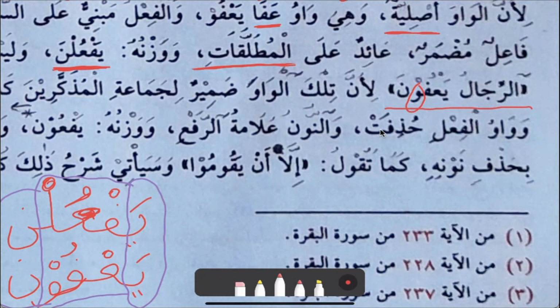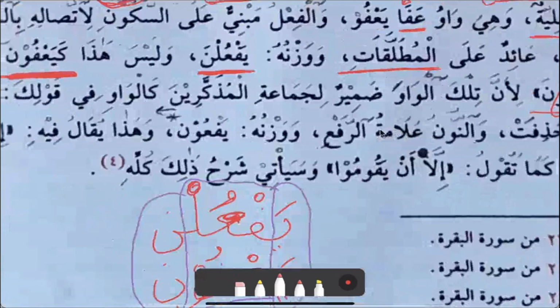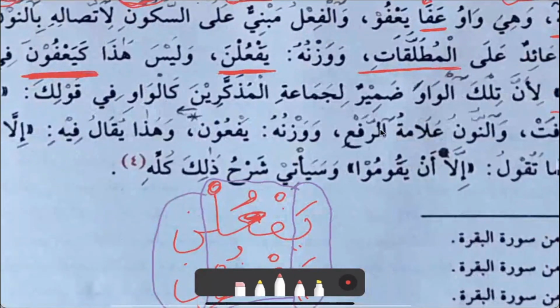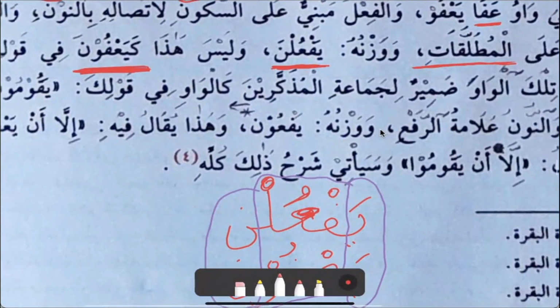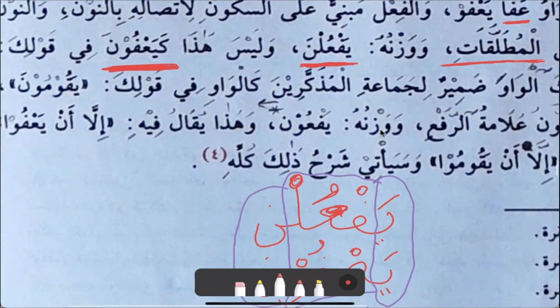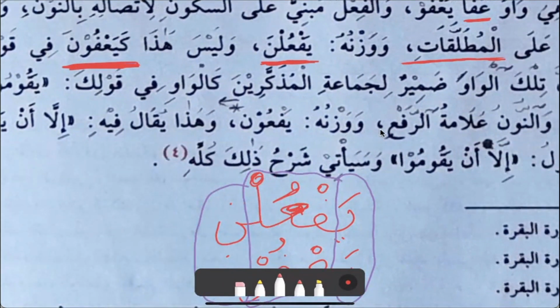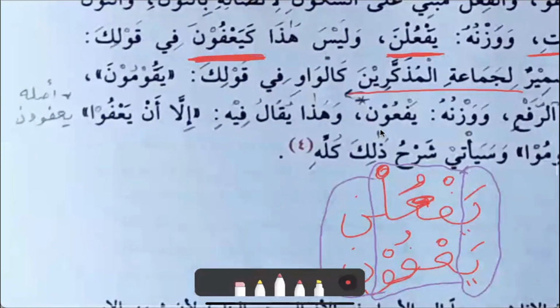لأن تلك الواو ضمير لجماعة المذكرين. It's a pronoun for a group of masculine ones. كالواو في قولك يقومون.